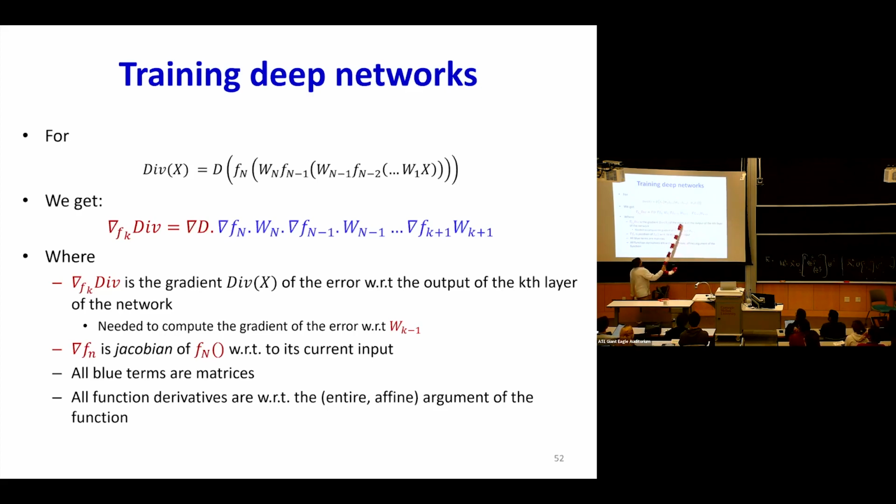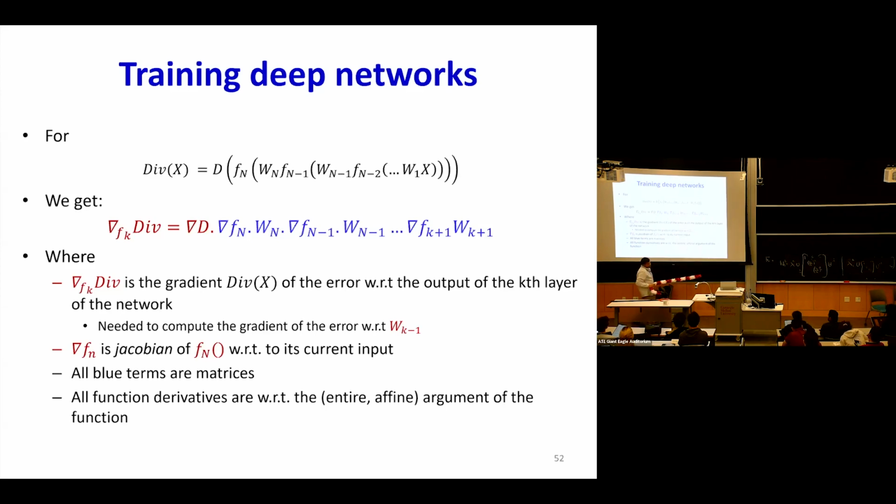Now, if I want the derivative of this divergence with respect to any of these f's, that's going to be the derivative of D with respect to its argument. So when I just write nabla D, it means the derivative of D with respect to everything within the parentheses. Earlier, we called it wgx in the previous slide, right? Times the derivative of f with respect to its argument, times wn minus 1, times the derivative of fn minus 1 with respect to its argument.